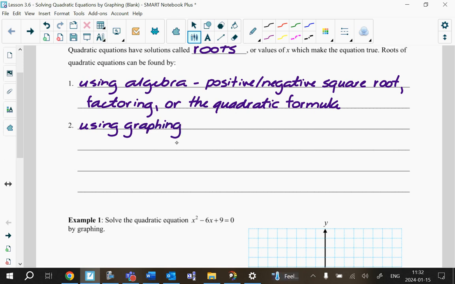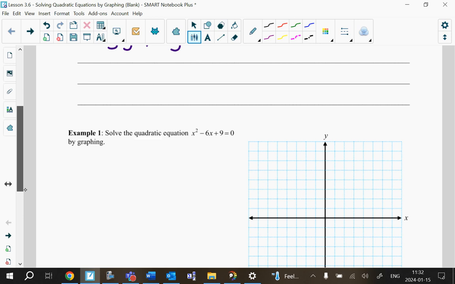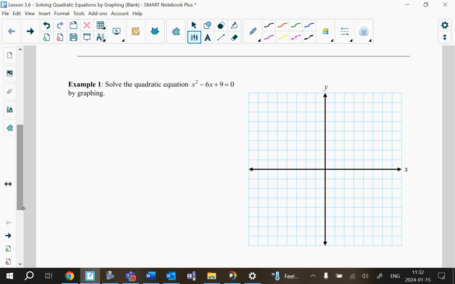And before I describe that, let's look at an example. You are asked to solve this quadratic equation by graphing.